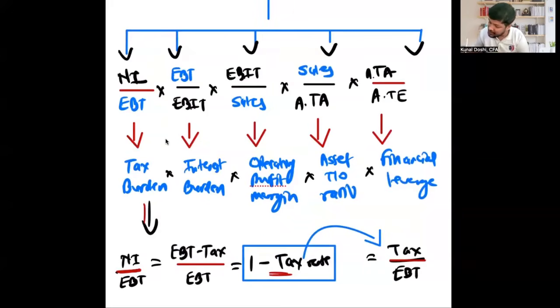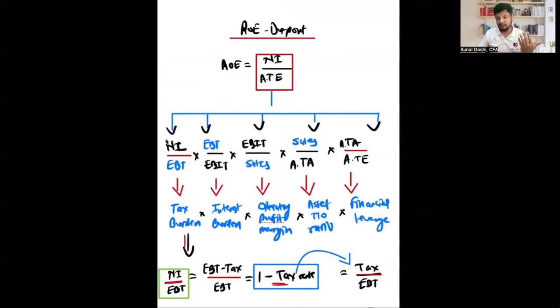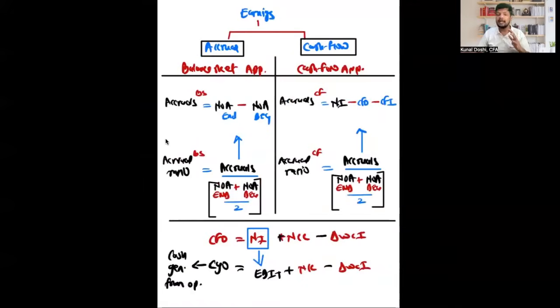Tax burden is net income over EBT, and net income can also be derived from EBT minus tax. EBT minus tax is nothing but 1 minus tax rate times EBT. Remember this in case you are not able to directly find the tax burden. All right. Correct. Higher chance of this being tested in the exam. It's very easy also, by the way. Okay. You've already done that.